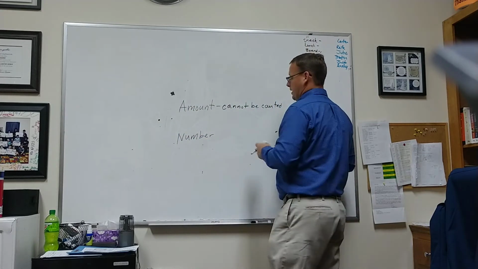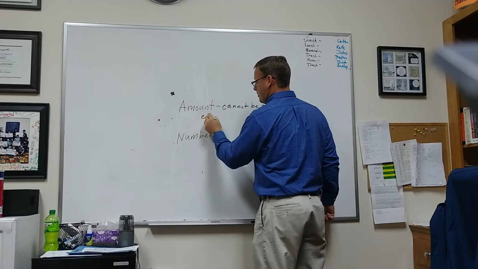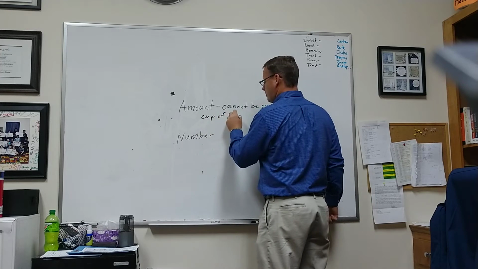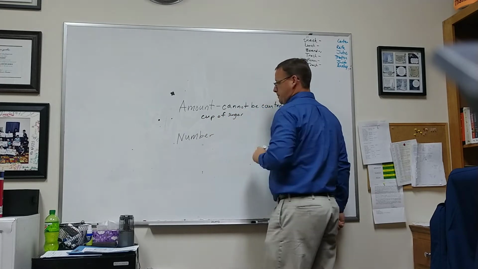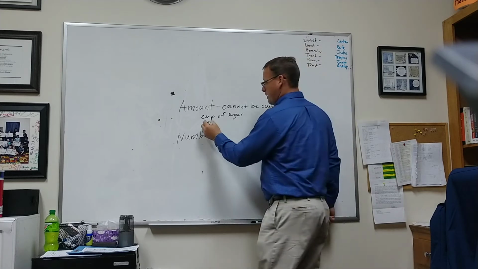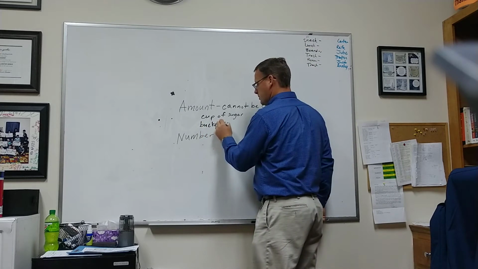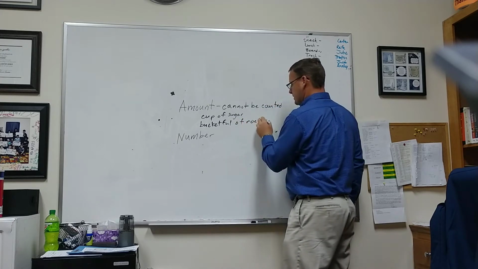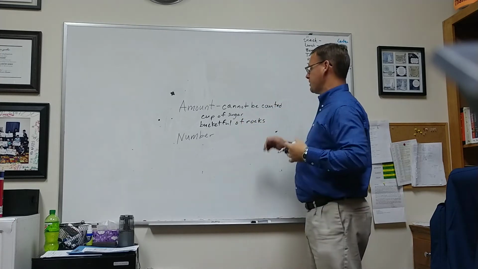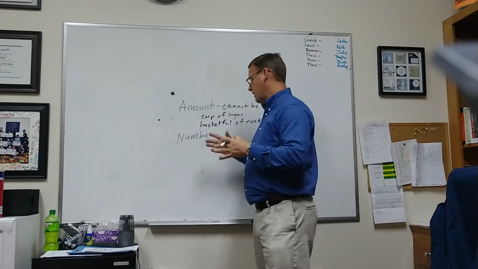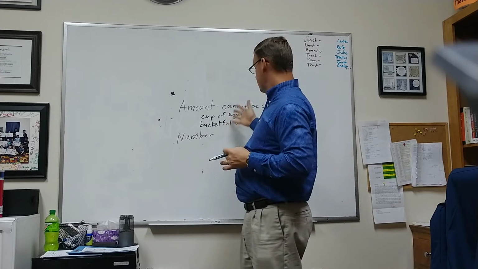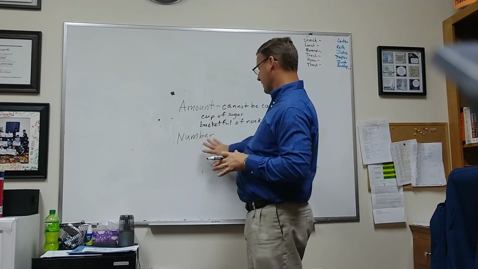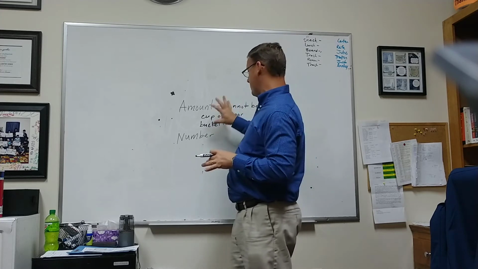For example, let's say a cup of sugar. Okay? How about if we say a bucket full of rocks? That's the amount of sugar you have, or the amount of rocks you have. You don't have to have two different things there. That's the amount. That's not the number you have. That's the amount you have.